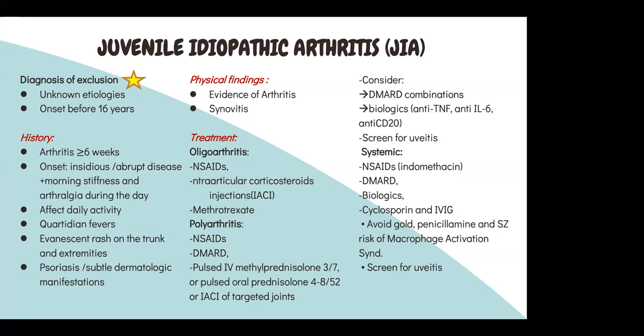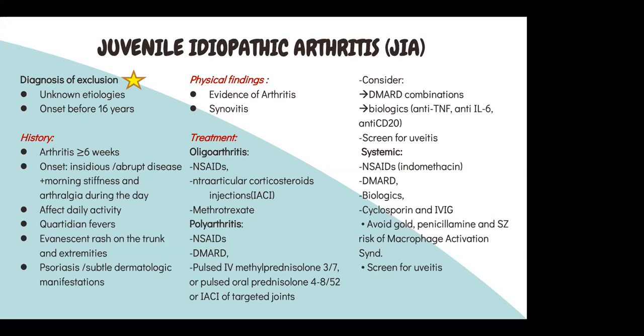History of school absence or limited ability to participate in physical education classes, which basically affects daily activities. Then it has the characteristic of fever, quotidian fever that I explained before. And then evanescent rash on the trunk and extremities, psoriasis or more subtle dermatological manifestation.